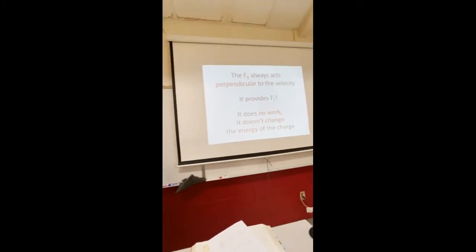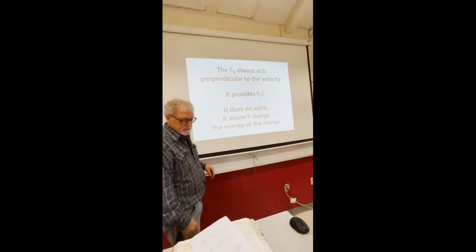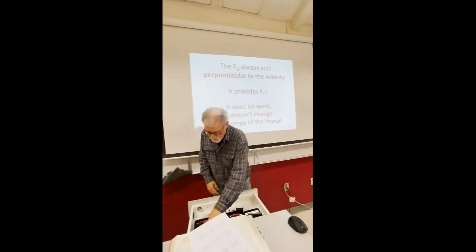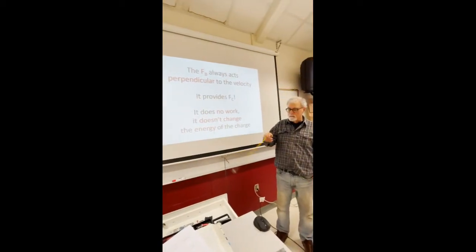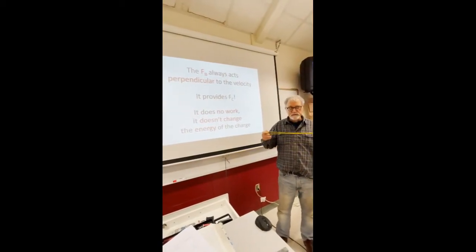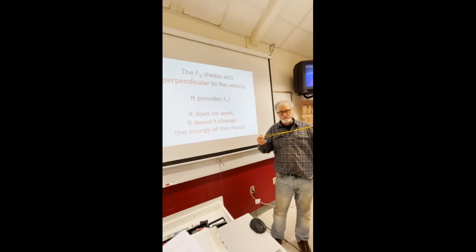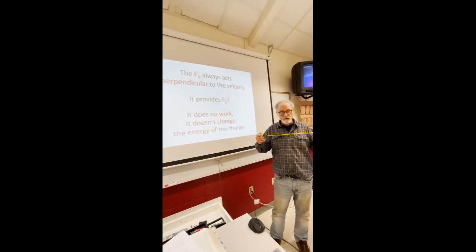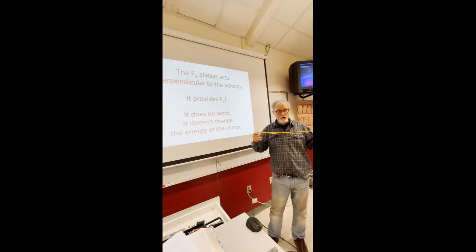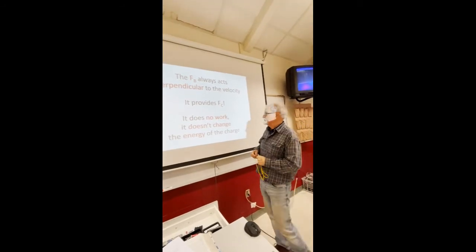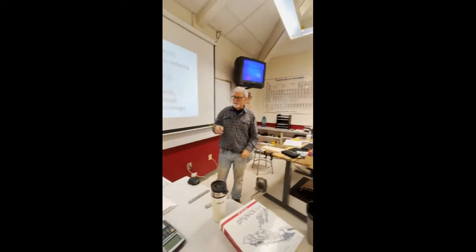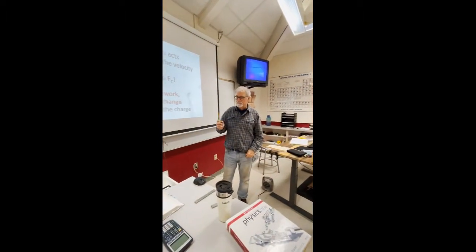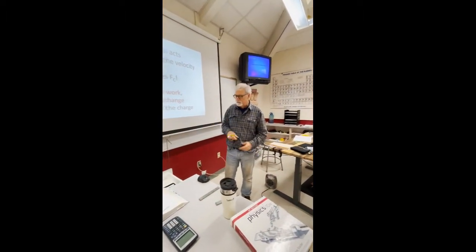As such, it does no work. The centripetal force does no work because work is force times displacement in the direction of the force, cosine theta. Cosine of 90 degrees is 0. So it does no work. It doesn't change the energy of the charge. It just changes the direction that the charge is moving.